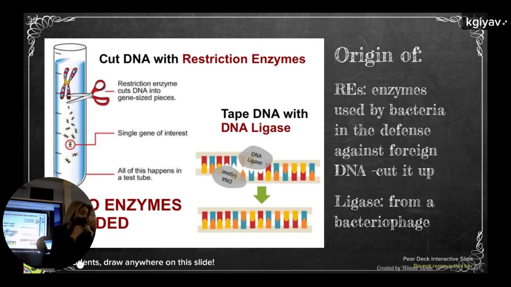Yes? So the same restriction enzyme cuts both foreign DNA and the bacterial DNA. I'm not quite there, but yes, if you want to combine DNA, if you want to make a transgenic organism, if you want recombinant DNA from two different sources, you have to cut them with the same restriction enzyme, because then the overhangs will be complementary to each other.